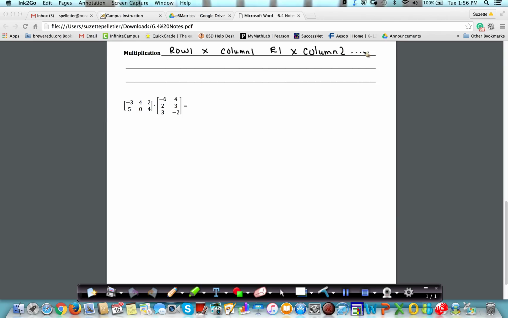And we keep going if we have to. Then we're going to do row 2 by column 1. And then row 2 by column 2. And we're going to keep going, so on and so forth. Row 3 by column 1, and then row 3 by column 2, and we keep right on going.